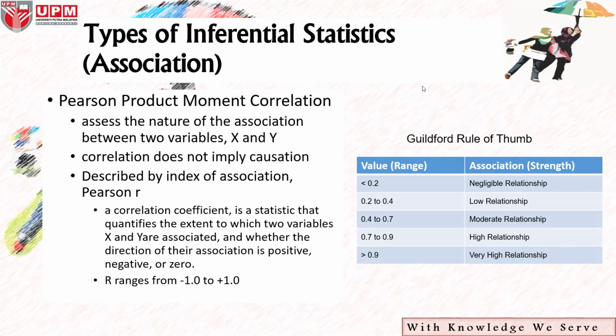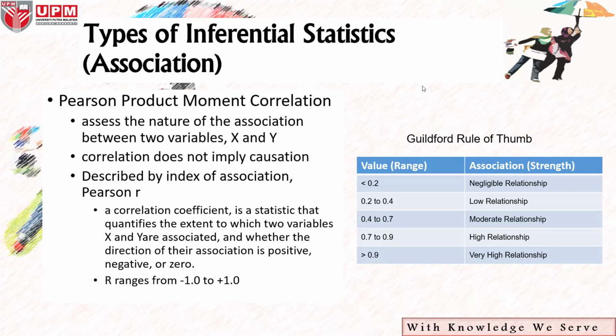First, you want to describe the direction of the relationship, either positive or negative. The second, you want to describe the magnitude of the relationship. Satu, arah hubungan.